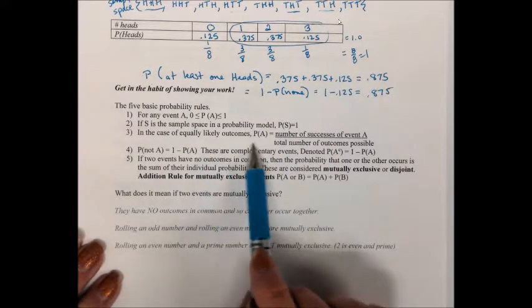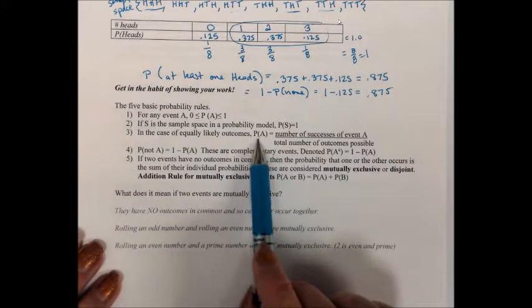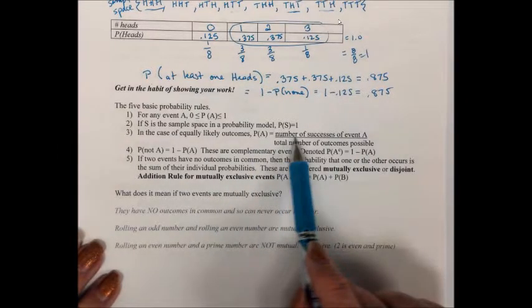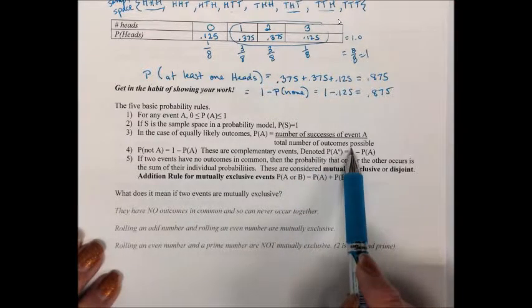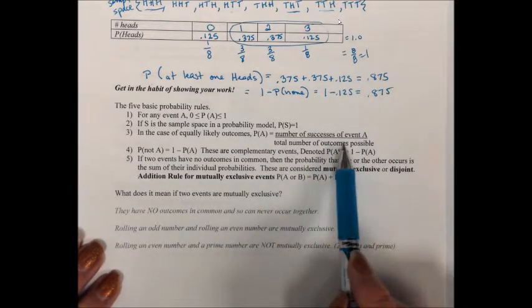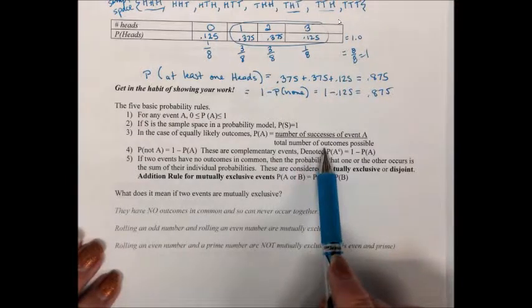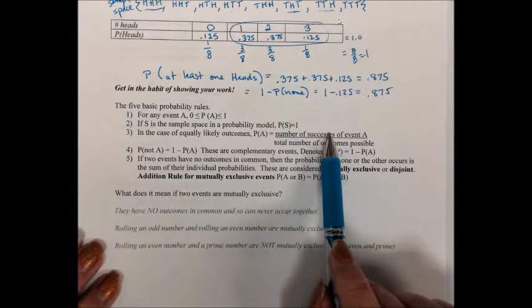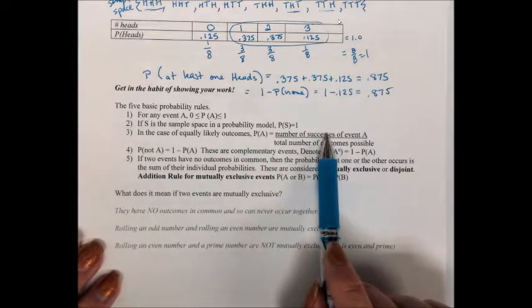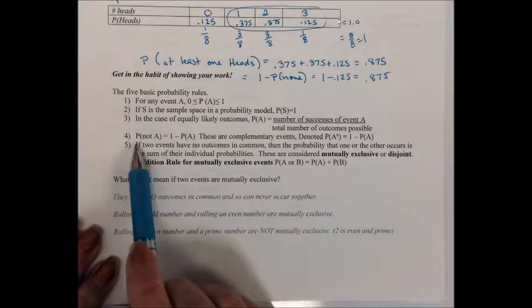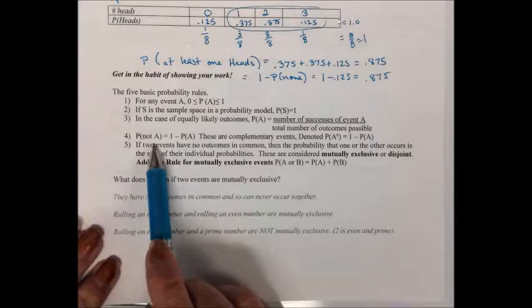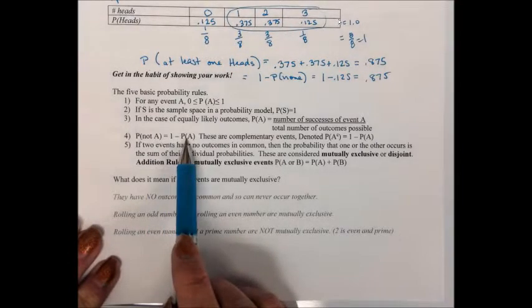And then the probability of an event A is the number of successes of the event over the total number of possible outcomes. This denominator is how many things would be in your sample space, and the numerator is how many of those possibles were successes. So the probability of not A is simply the complement of the probability of A.